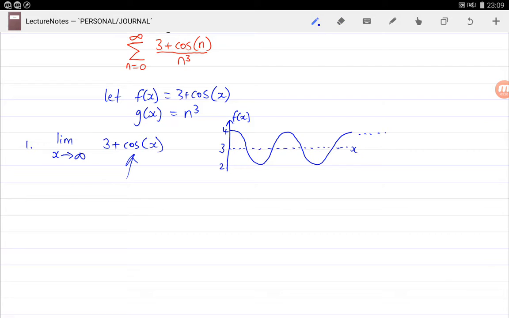So the worst case scenario would be 4. But since we have both a maximum and a minimum happening every period, we can just take an approximation of this function, our f of x, and say that this limit is 3 plus the average of the cos.